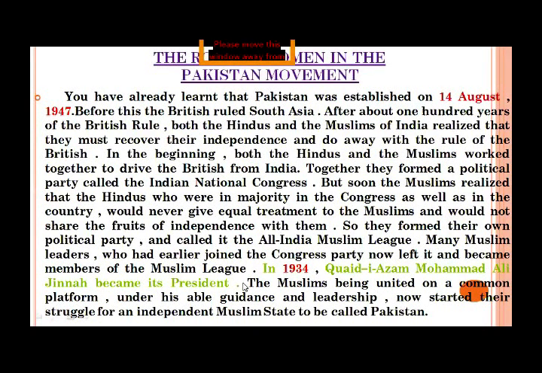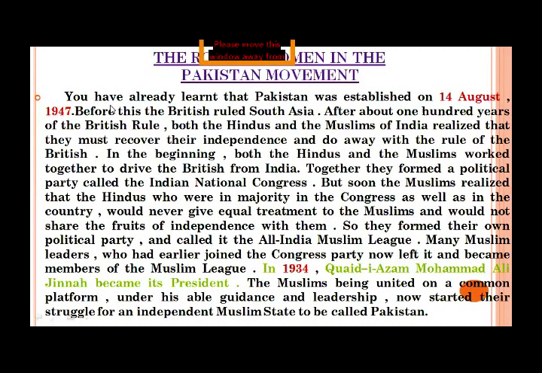So many Muslim leaders also joined All India Muslim League, and Qaeda Azam Muhammad Ali Jinnah, very famous, became the president of All India Muslim League in 1934. Although All India Muslim League was established in 1906, Qaeda Azam became its president in 1934. The year must be remembered.